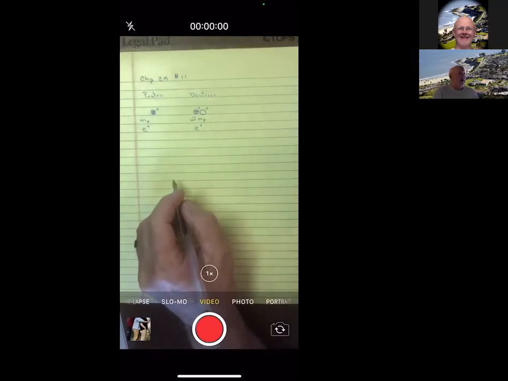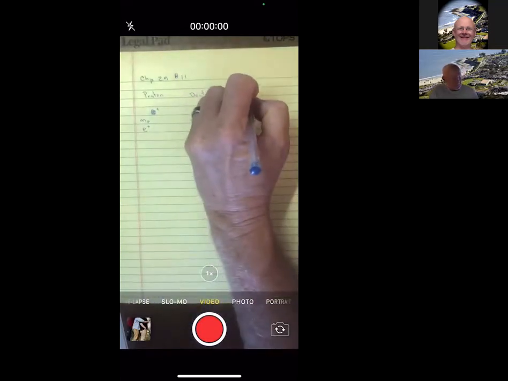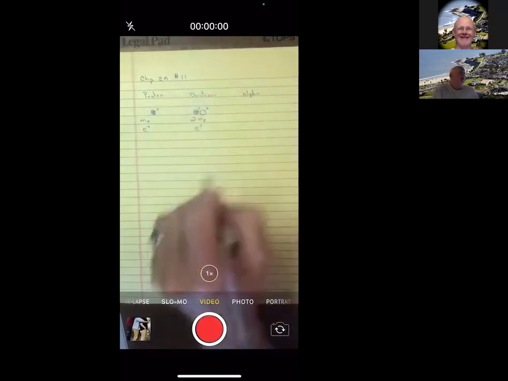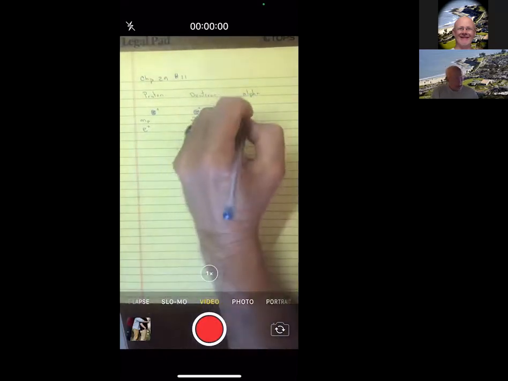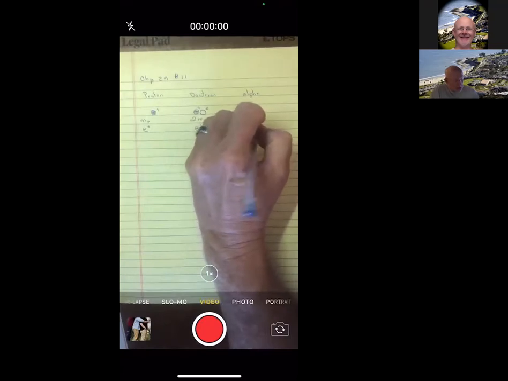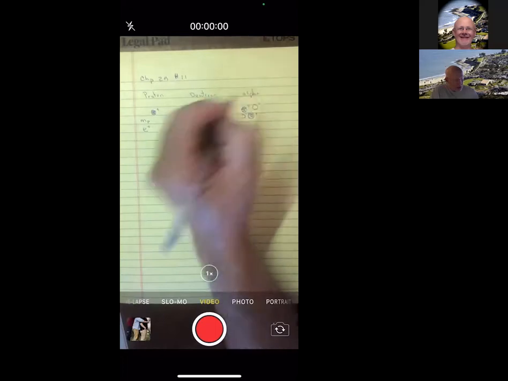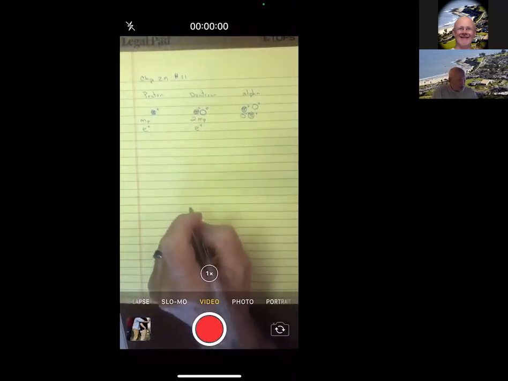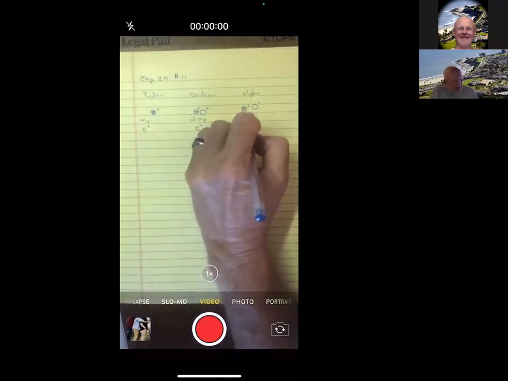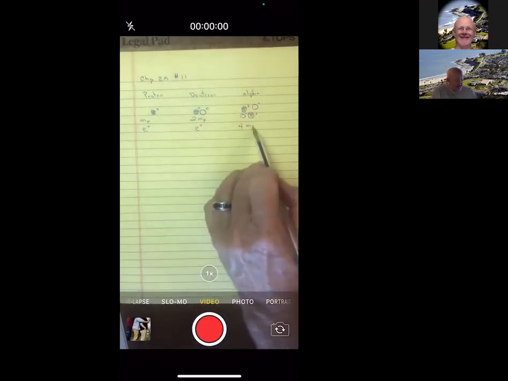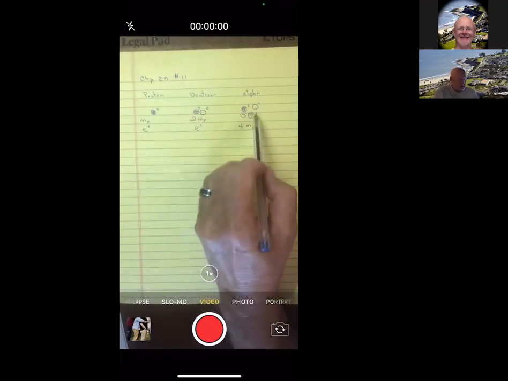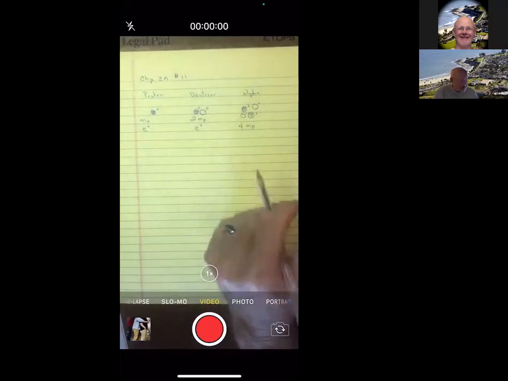Now, an alpha particle is actually 2 protons and 2 neutrons. So because of that, it has a mass of about 4 times the proton, because it is essentially made out of 4 objects, each having the same mass.